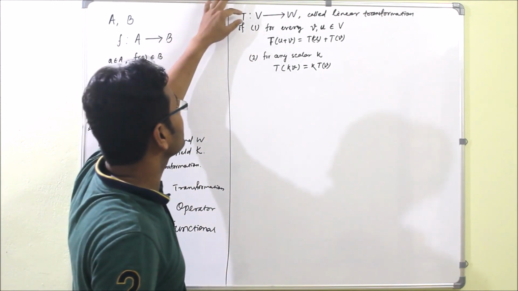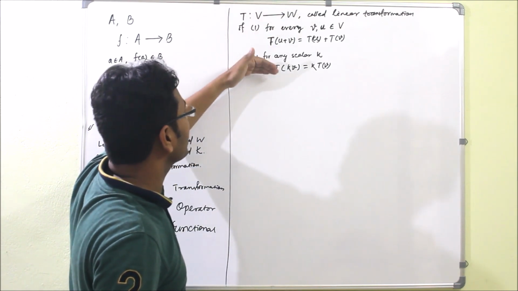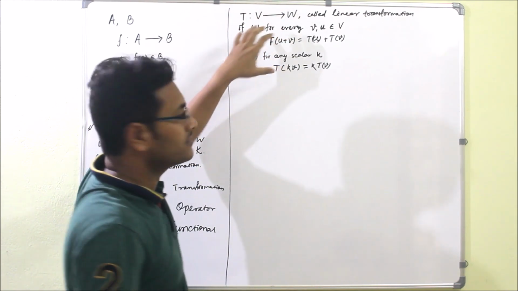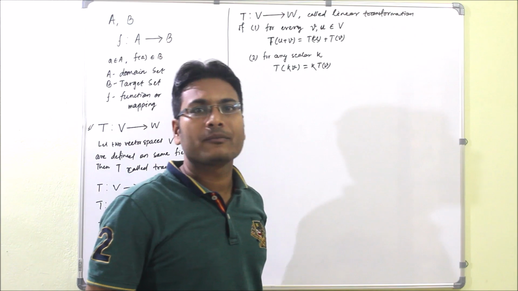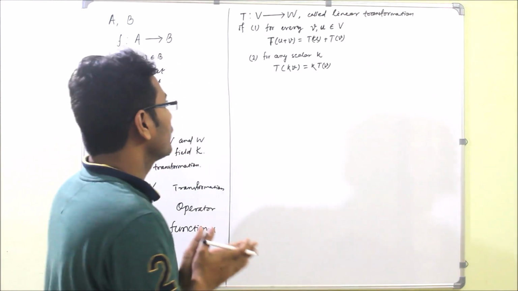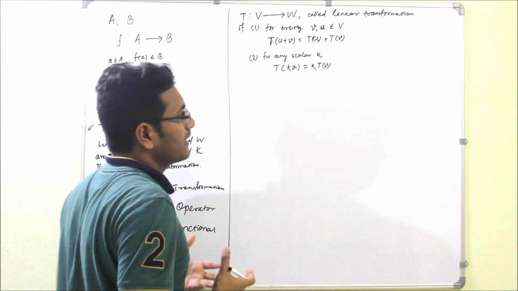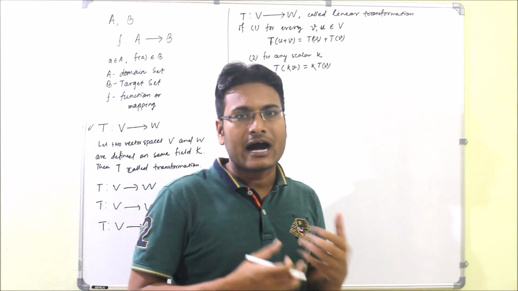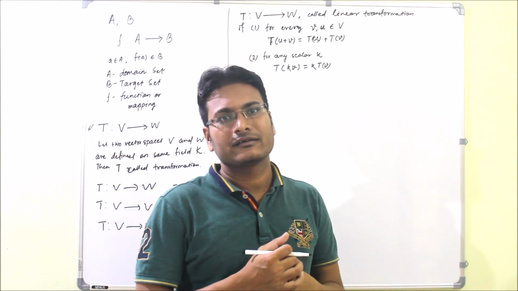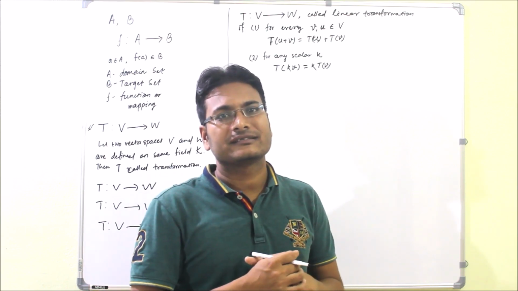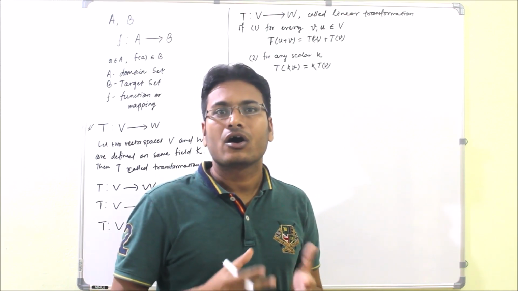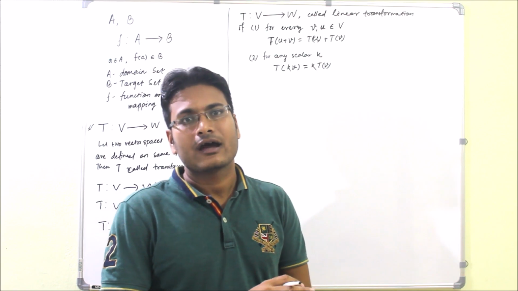Similarly, if T is from V to V and it satisfies these two properties, then that is called a linear operator, and so on. Now we will see how to check linear transformation. A transformation is given; is it linear or not? How to know?